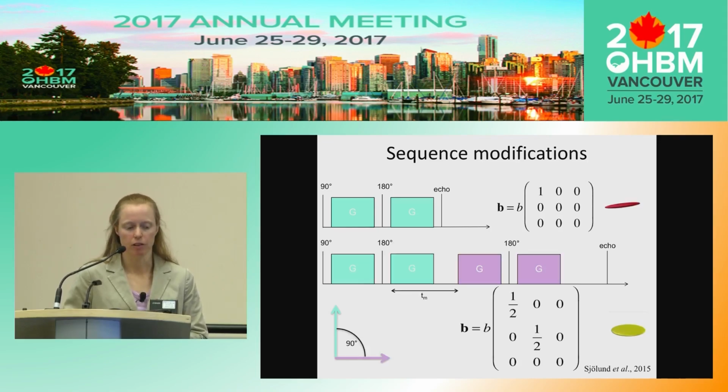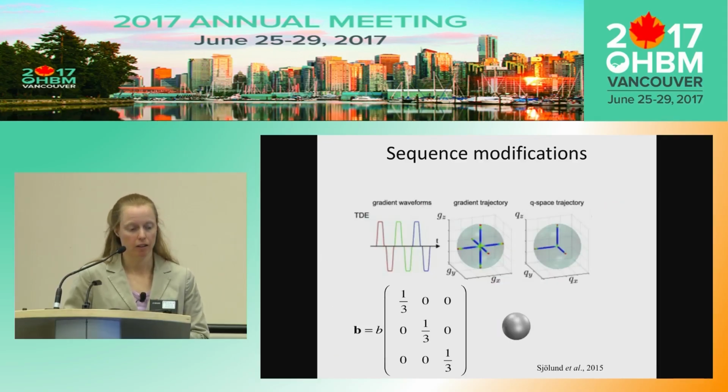For the double diffusion encoding, the B tensor would be planar. And you can do triple diffusion encoding. Here, if the gradients are applied orthogonally to each other, what you'd get from this is an image where you're weighted to the magnitude of diffusion, but independent of the anisotropy. And the B tensor is spherical.